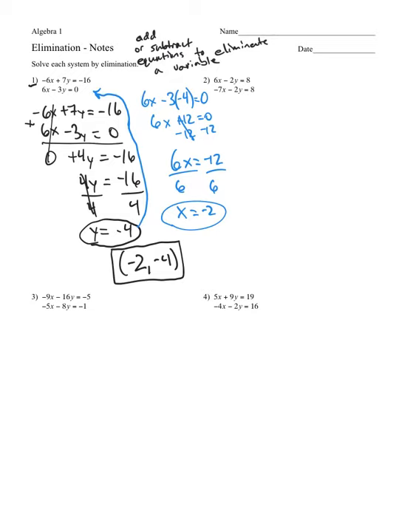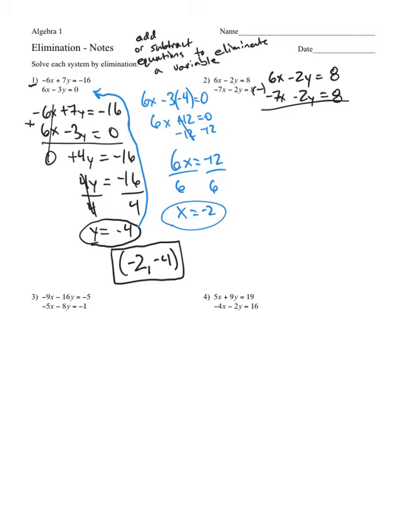So example 2 is a little different. Example 2 here, we have terms that are the same. We have these negative 2y's in both equations. They're the same. And so when you have variables that are the same, you subtract these two equations.